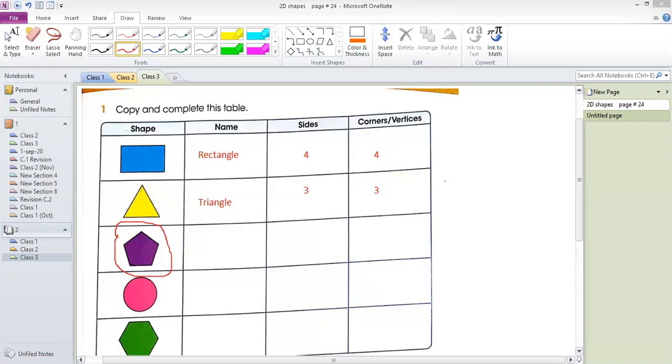Very good from Jihad also. Jihad Al Sayyed. Send me your answers, guys. Ahmad Awal, you are writing about triangle now. We are on pentagon. Yes, Ahmad Muhammad, it's a pentagon, but you did not tell me how many sides and how many corners there are in a pentagon.